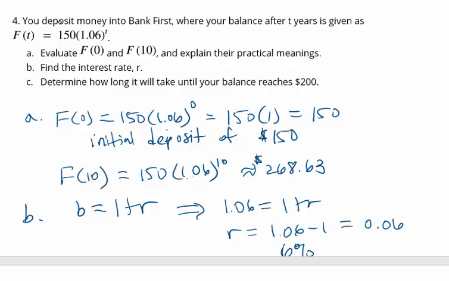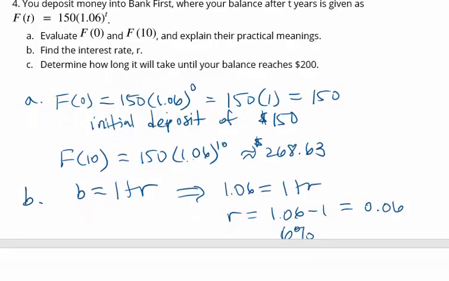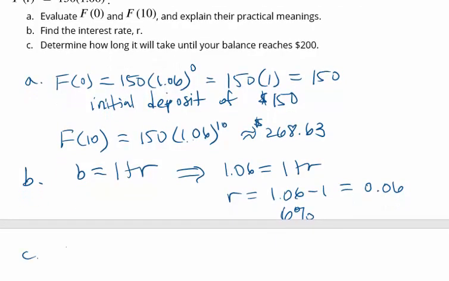In part C, it says, how long will it take until the balance reaches $200? So we'll replace f of t with 200, and then solve this equation for t. One way we could do that is by hand, and the first thing that I would do is isolate the power of 1.06 to the t.